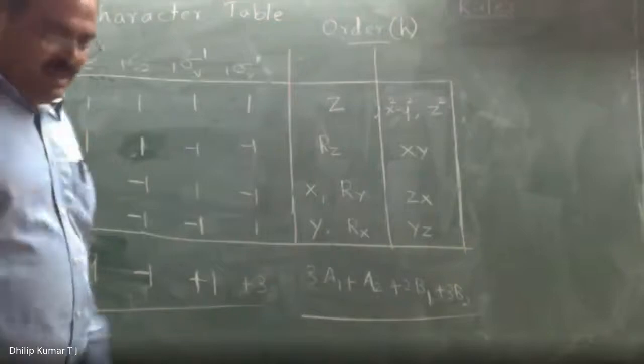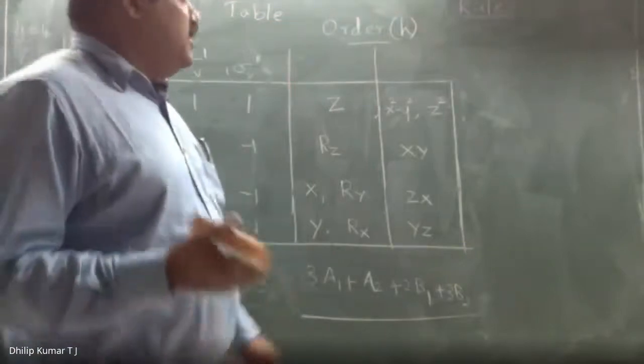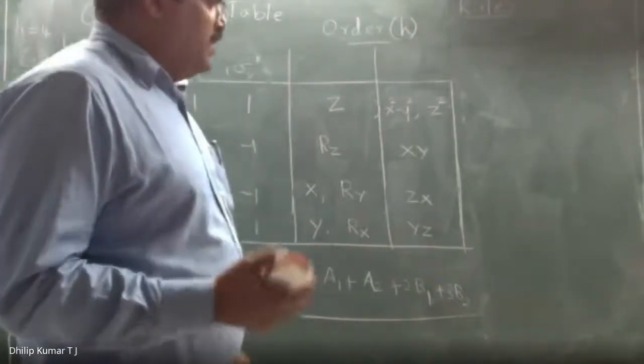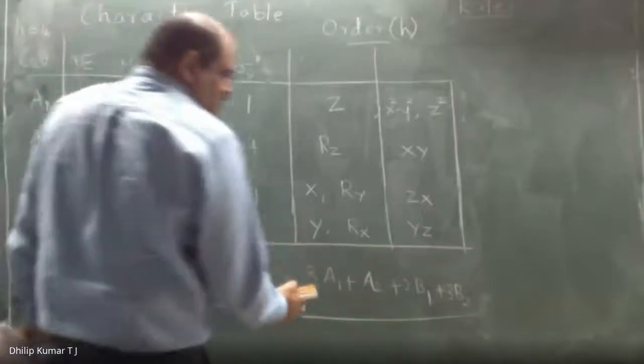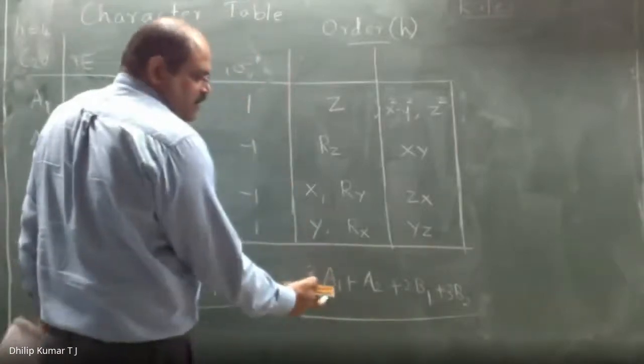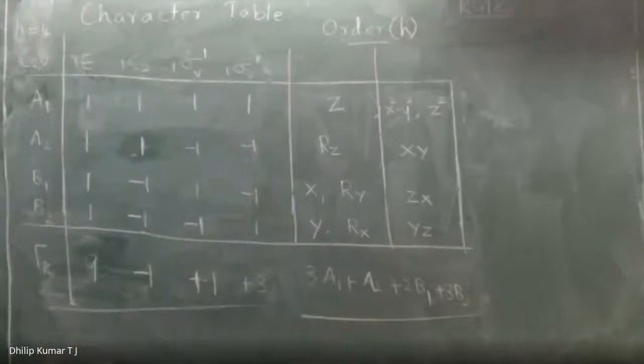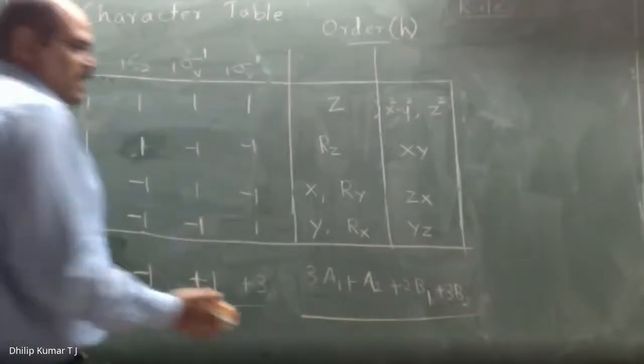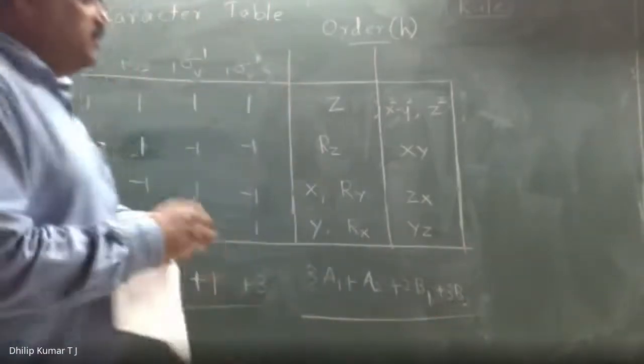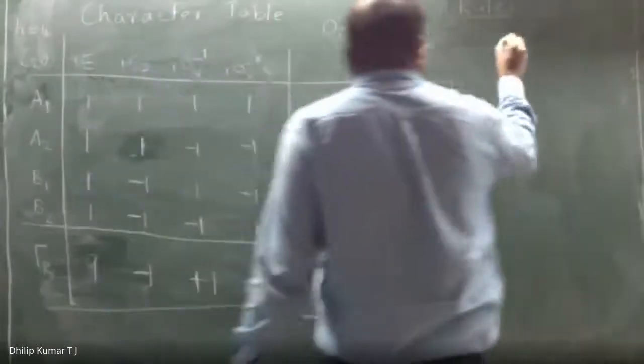Out of 9, 3 will be A1 symmetry, 1 will be A2 symmetry, 2 will be B1 symmetry, and 3 will be B2 symmetry. So it is 9 degrees of freedom.